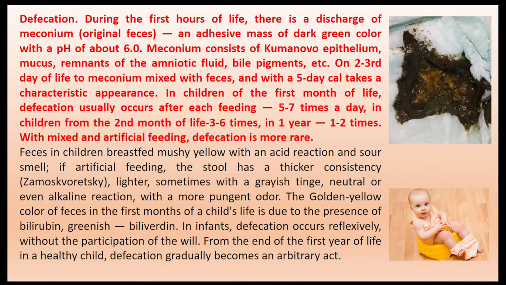Feces in breastfed children are mushy, yellow, with an acid reaction and a sour smell. With artificial feeding, the stool is thicker, lighter, sometimes with a grayish tinge, neutral or even alkaline reaction, with a more pungent odor.